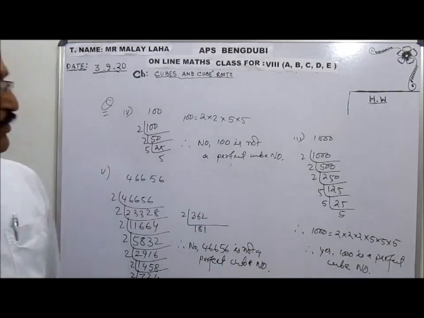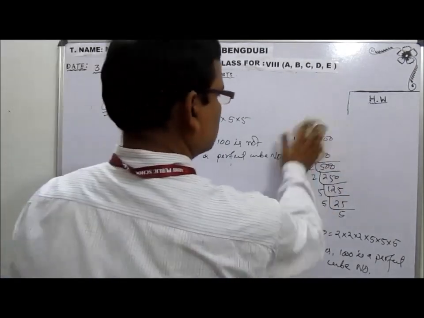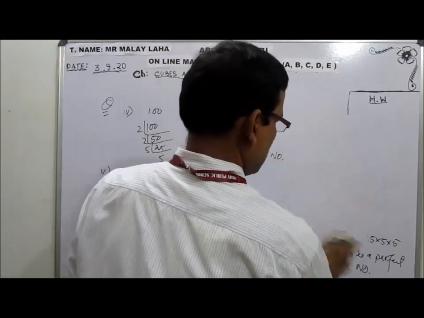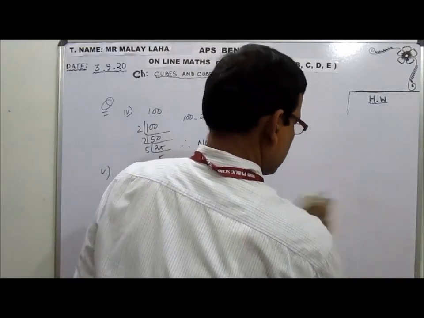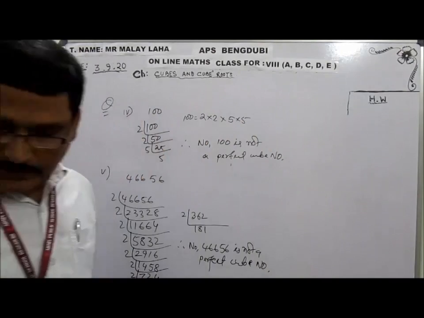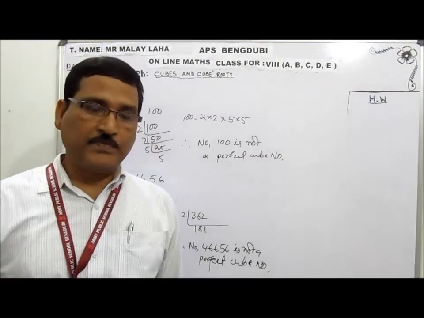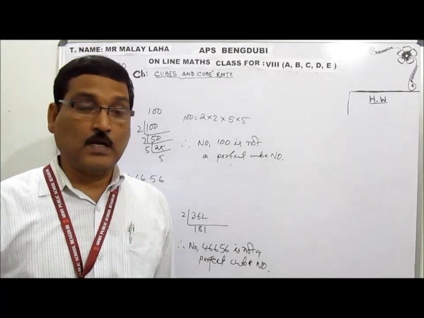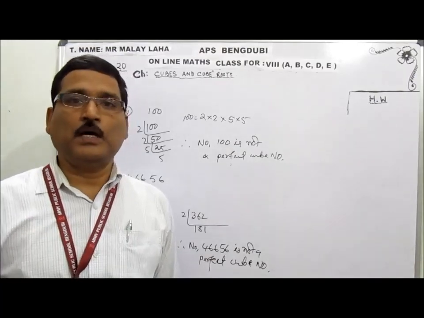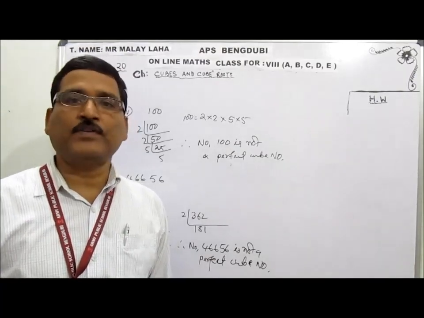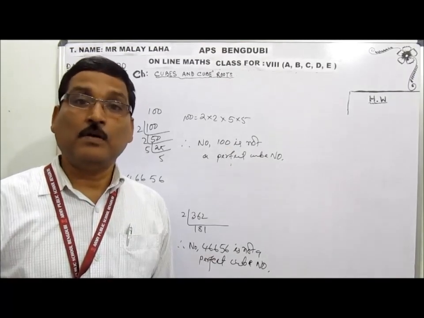Okay, this is about the question. Question 2 is saying they are giving you numbers. Definitely they are not perfect cube numbers. Now you have to convert them to a perfect cube number by multiplying.